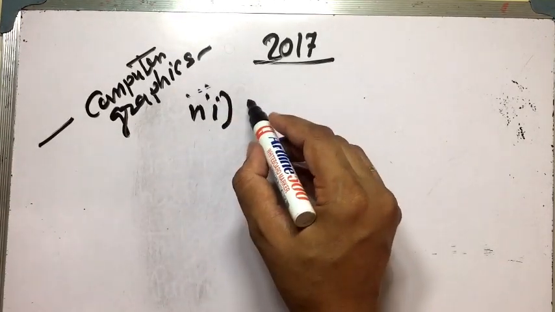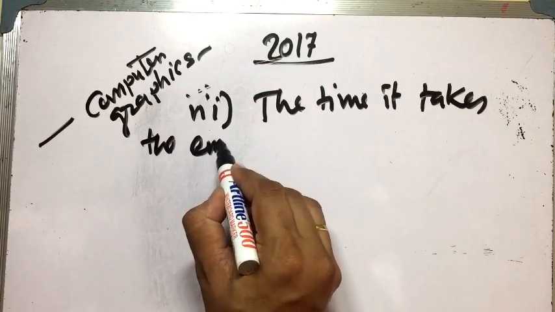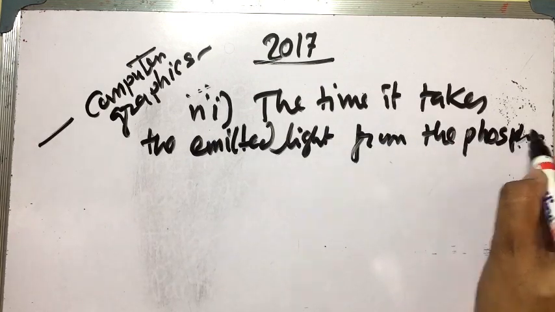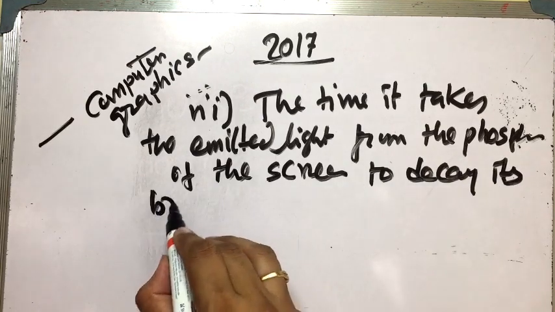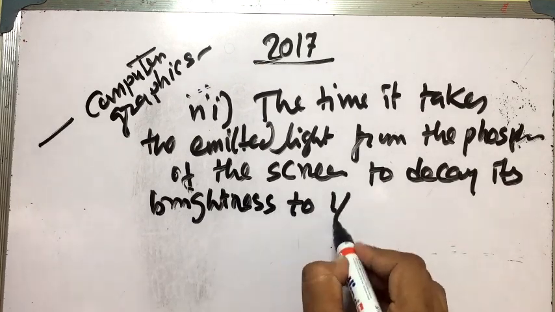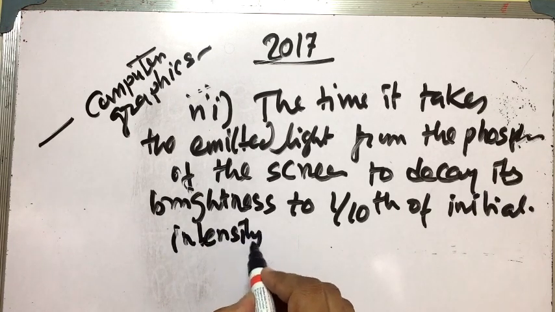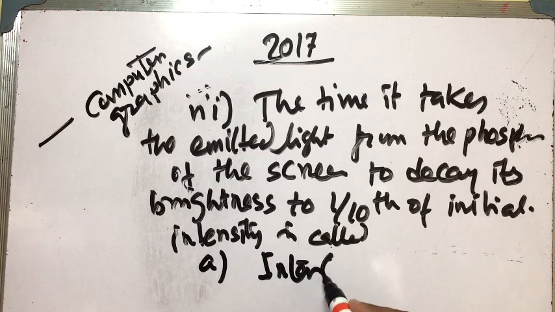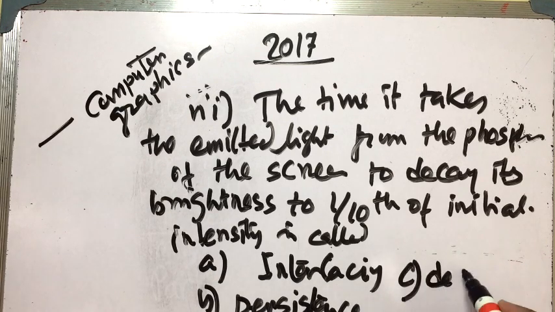Next, question number 7. The time it takes the emitted light from the phosphor of the screen to decay its brightness to 1/10th of the initial intensity is called: option A interlacing, option B persistence, option C decaying, option D retrace back.